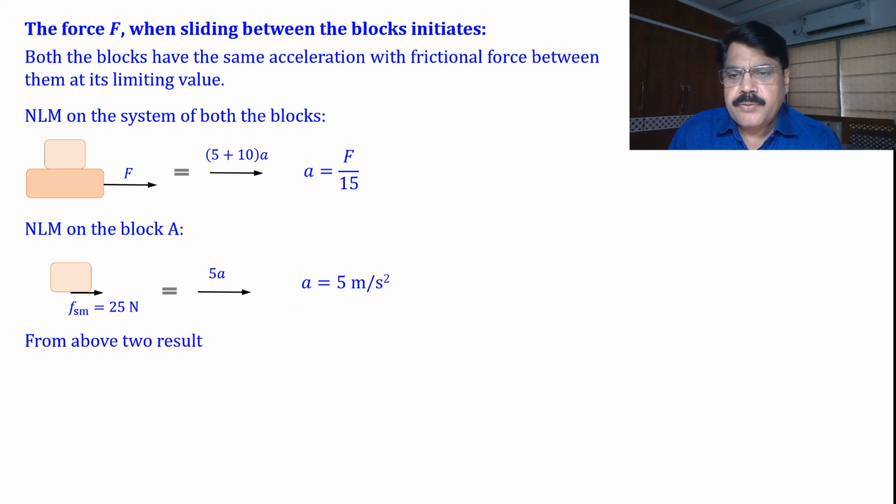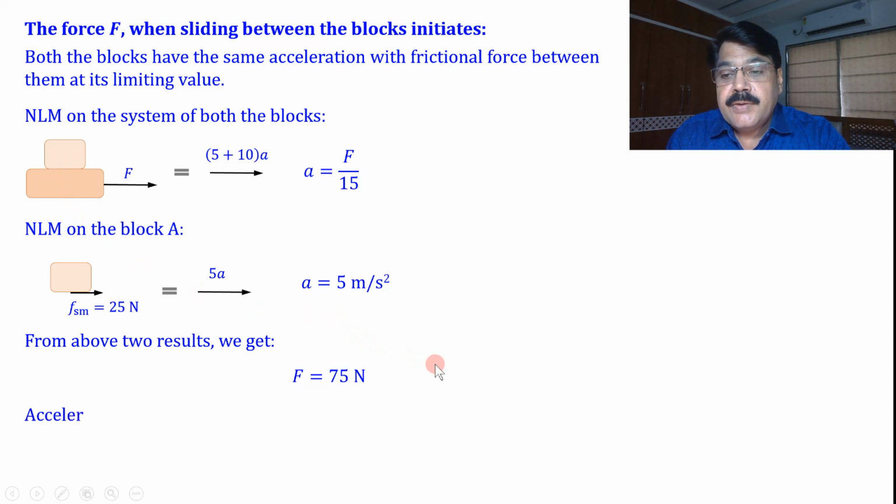Now from the above two results, we equate them and get F equal to 75 Newton. So when the value of force F becomes 75 Newton, the sliding between the blocks initiates. For a greater value of F, the accelerations will be different, and for a smaller value of F than 75 Newton, the accelerations will be the same.